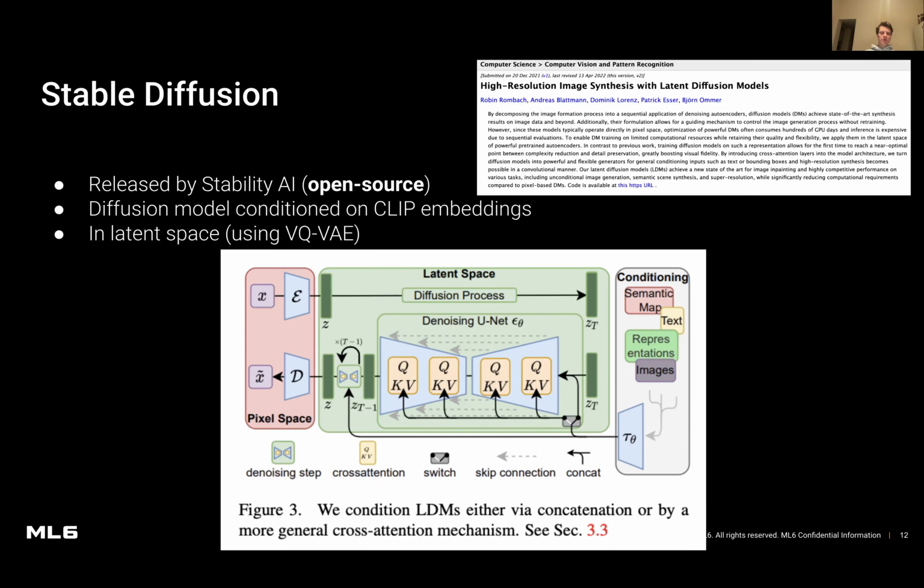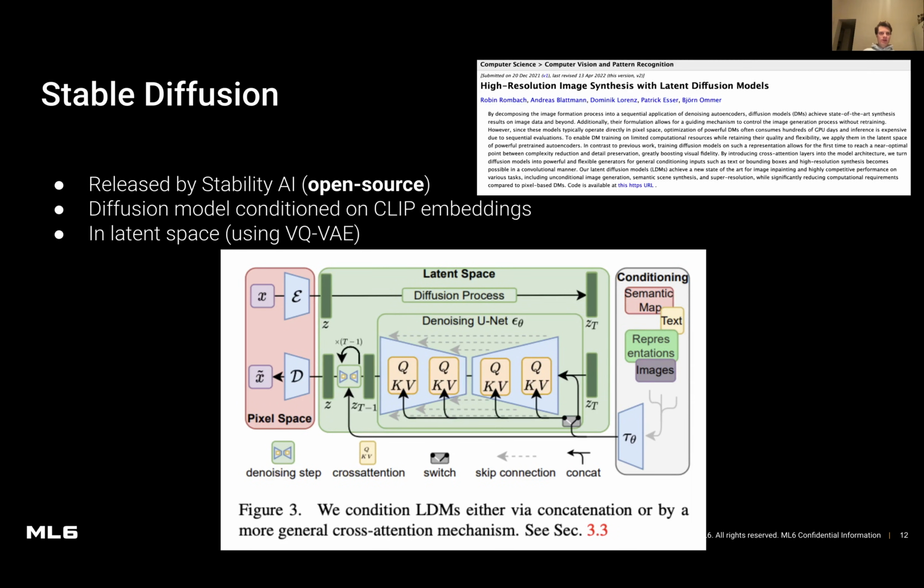A VQVAE consists of an encoder and a decoder, which allows you to compress images into a smaller, compact latent space. The Stable Diffusion model is then trained within that latent space. Finally, when it has generated an image, it basically generates these latent embeddings, and you still need to use the decoder part of the VQVAE to turn that back into an image.